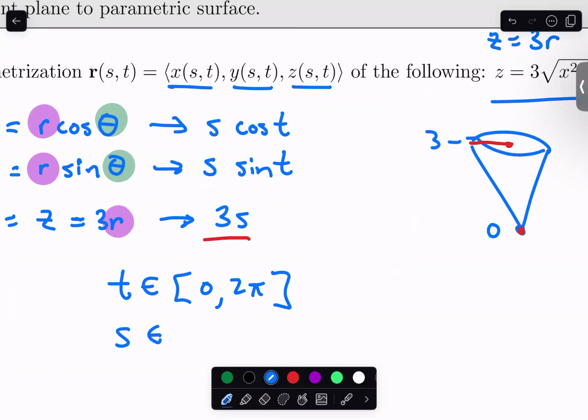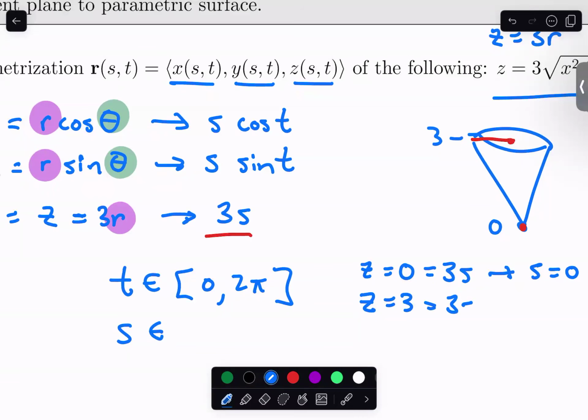So for instance, when z was equal to 0, we can plug in 3s and solve that s has to be equal to 0. That's just saying at a height of 0, the radius of my circle was 0. And yeah, that makes sense. Now, as we plug in bigger and bigger z values, all the way up to our cap of z equals 3, and figure out how big is my radius, again, we can substitute in 3s instead of z, and I can solve, and that's going to give me s equal to 1.